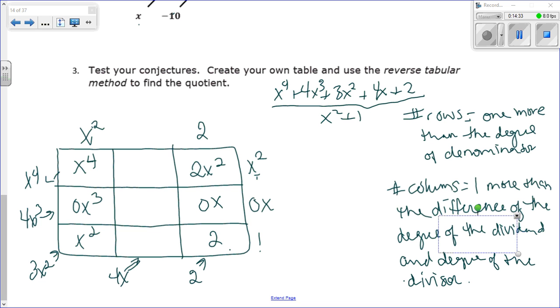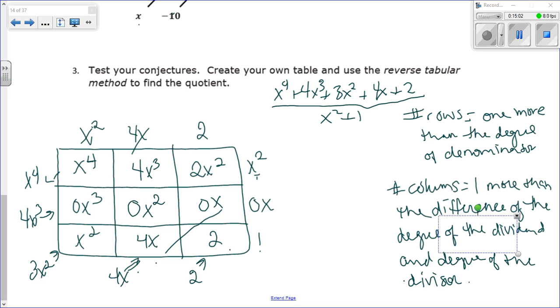And this needs to add up. This diagonal right here needs to add up to 4x. So that means this diagonal right here, I need to have a 4x right there because 4x plus 0x is 4x. So I multiply 1 times 4x, give me 4x. So this should be 4x. 0 times 4x is 0x squared, and x squared times 4x is 4x cubed.